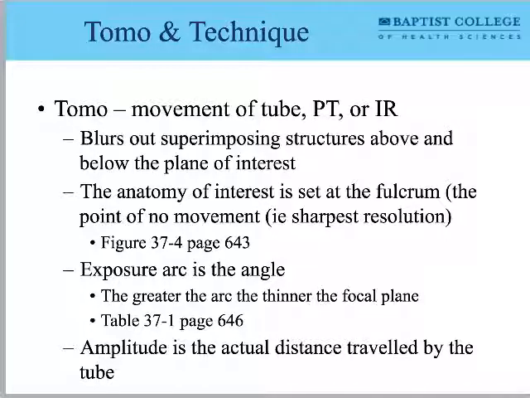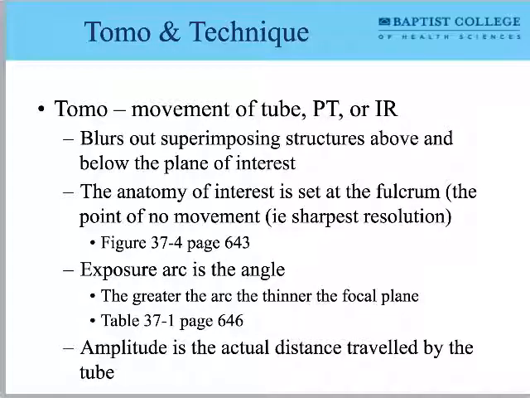The exposure arc is the amount of angle, so the degree to which the tube moves. The greater the arc, the thinner the image will be. So the more the tube moves, the thinner the picture just got, right?